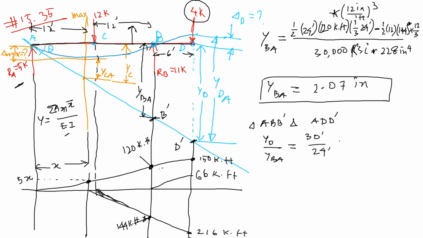So YD is equal to 30 by 24 times 2.037. This is actually 2.037.